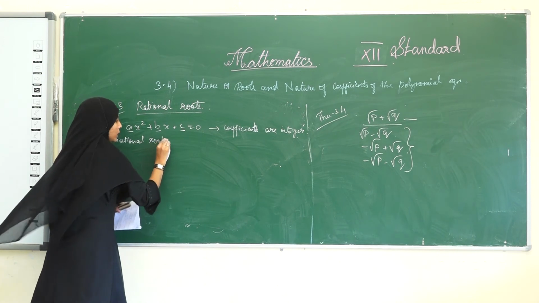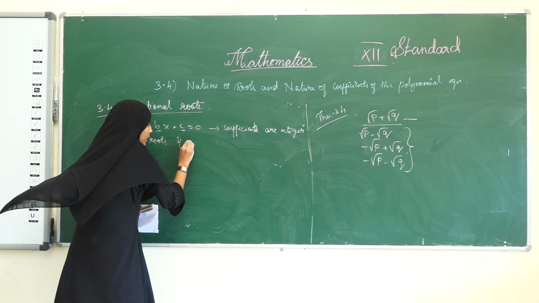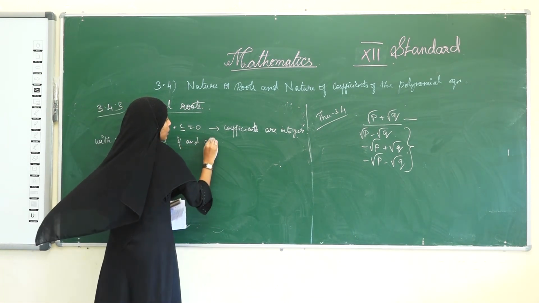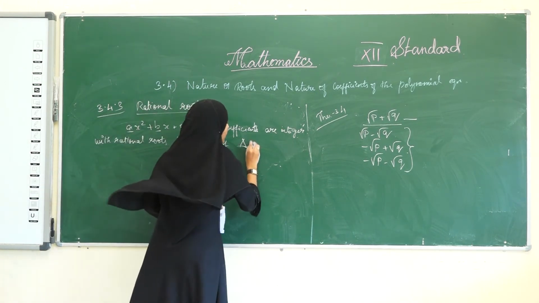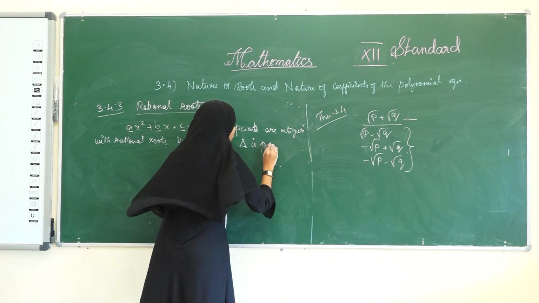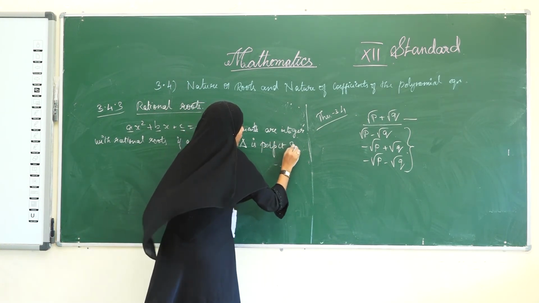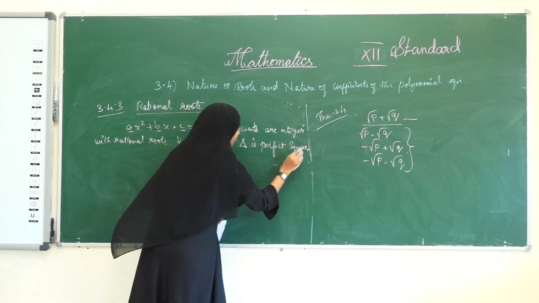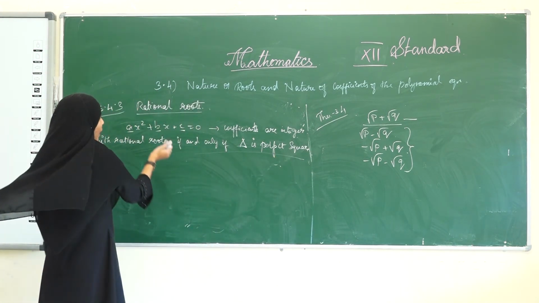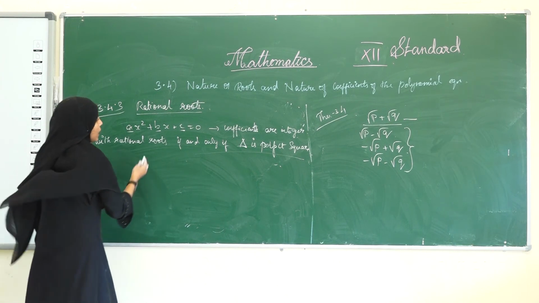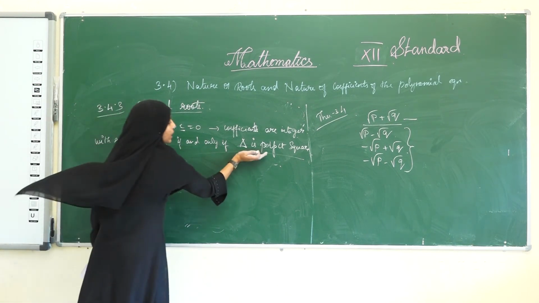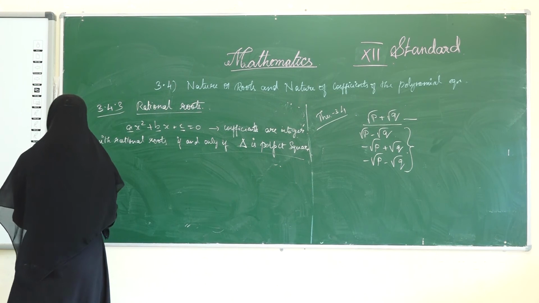This is possible if and only if the value of del is a perfect square. This is an important 1 mark question. See, for a quadratic equation with integer coefficients, when the roots are rational, this is possible only if the value of del is a perfect square, they have said.